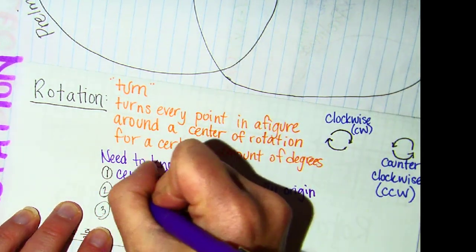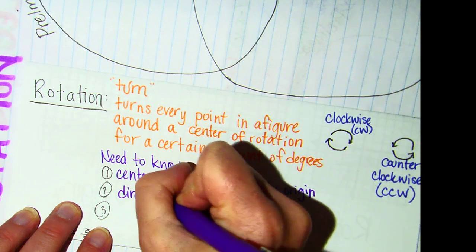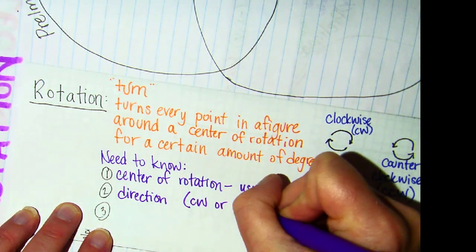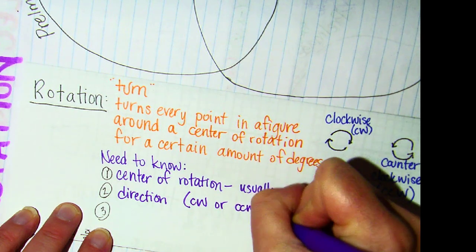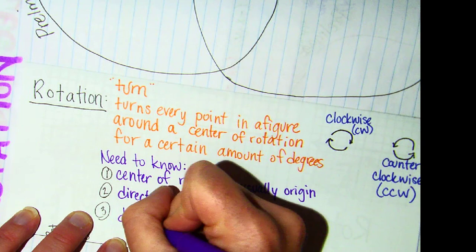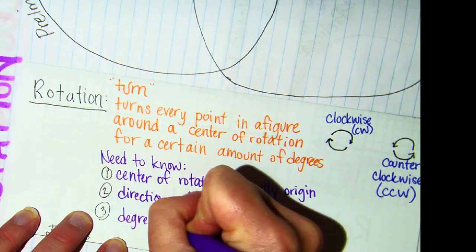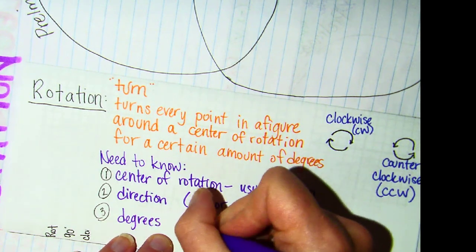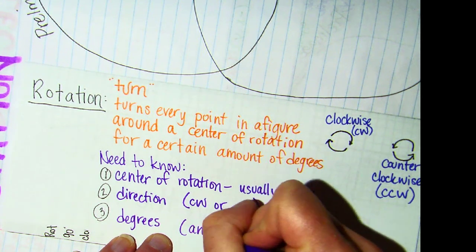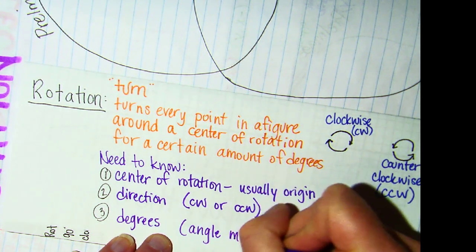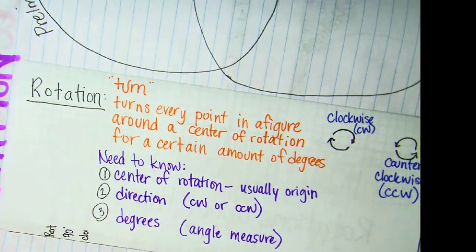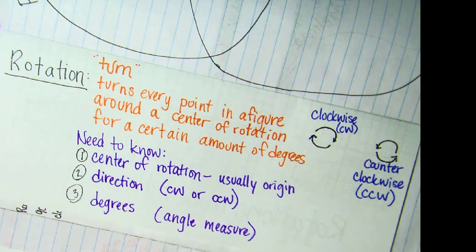You need to know the direction. So we're talking about, are we going clockwise or are we going to go counterclockwise? And the last thing that you need to know is how many degrees. We're going to go 90, 270, 180. So the measure of the angle. And those are the things that we need to know.